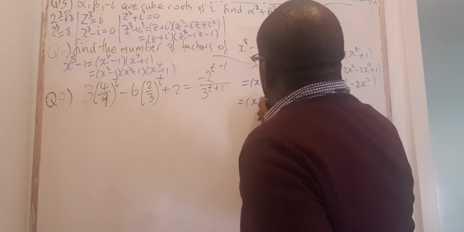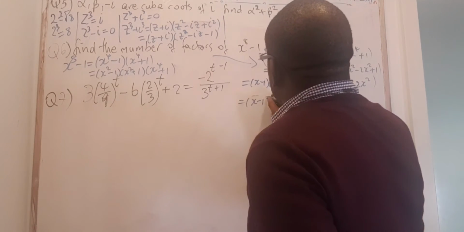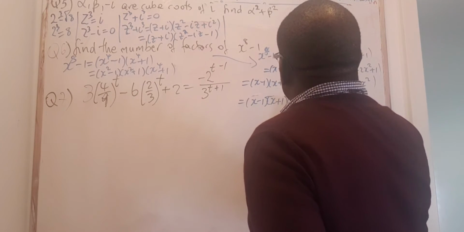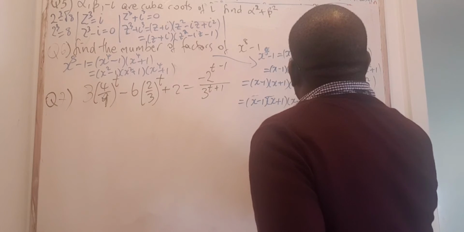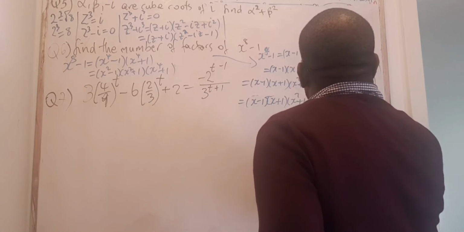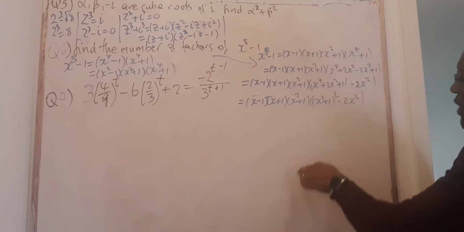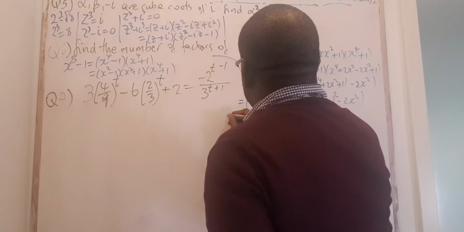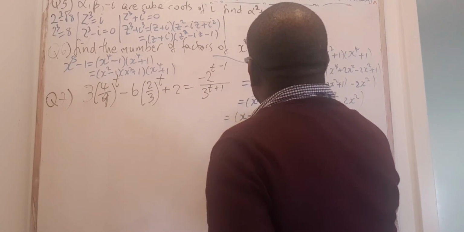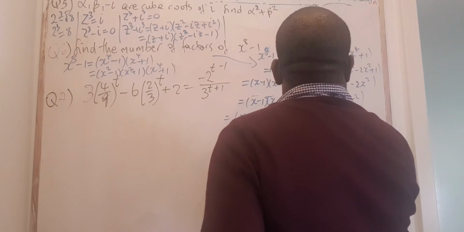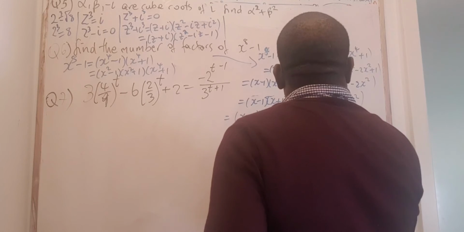So this is x minus 1, x plus 1, x squared plus 1, times x squared plus 1 squared minus 2x squared. You see, it's a difference of two squares again. So then I have x minus 1, x plus 1, x squared plus 1, into x squared plus 1.